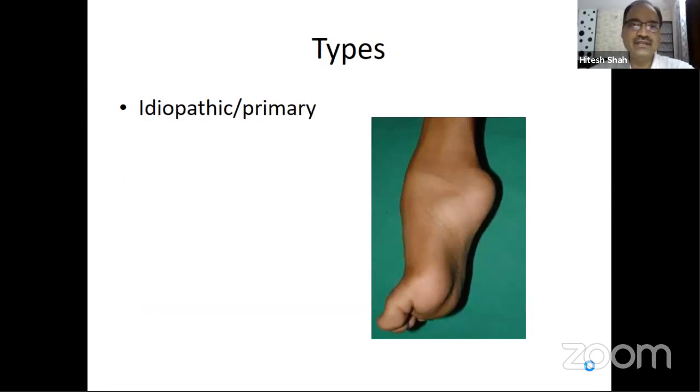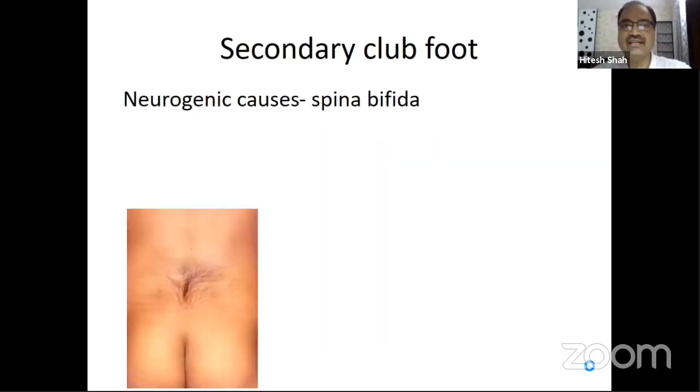Very common is the primary idiopathic clubfoot, which occurs without any associated syndrome or secondary problem. What are the things in secondary clubfoot?